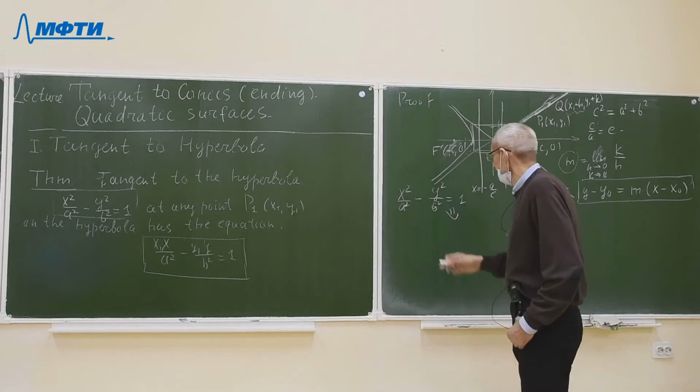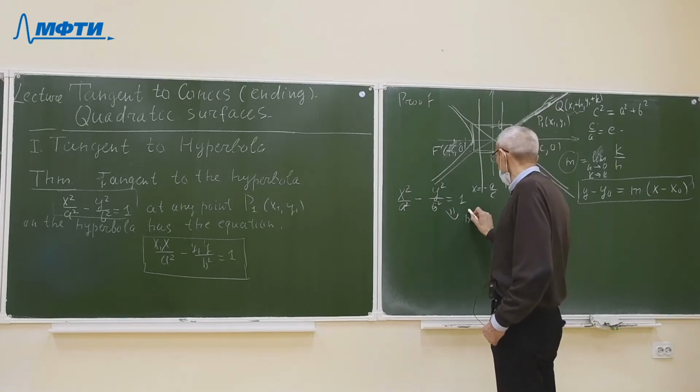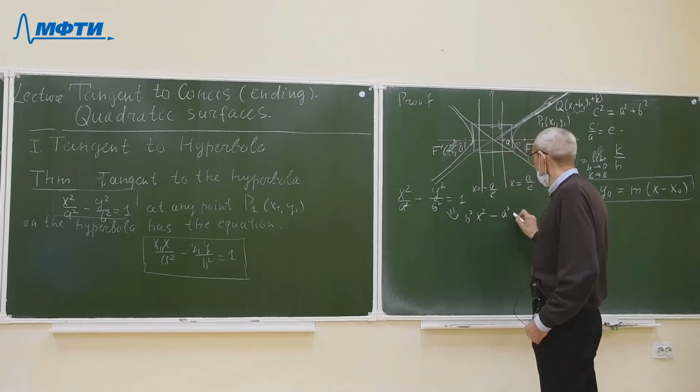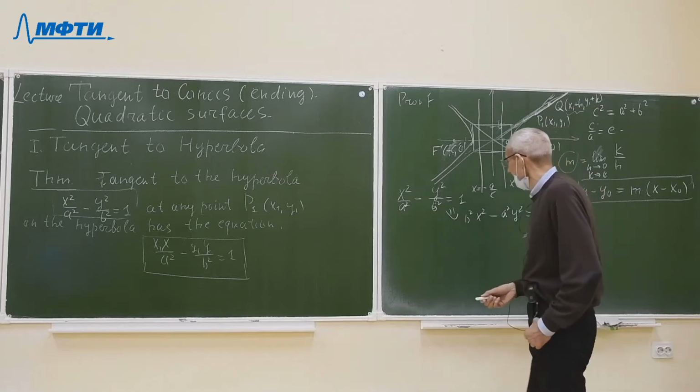We can write this equation in the form b squared x squared minus a squared y squared is equal to the product a squared b squared.